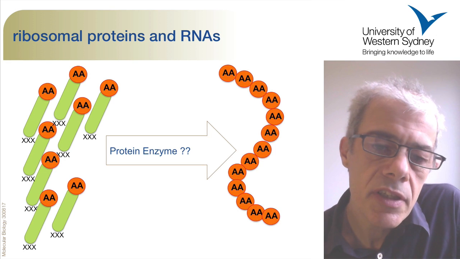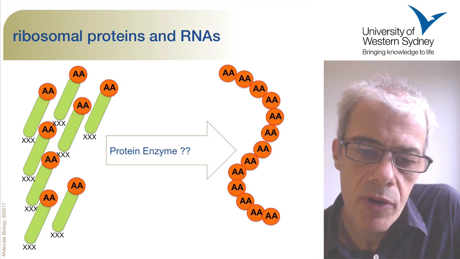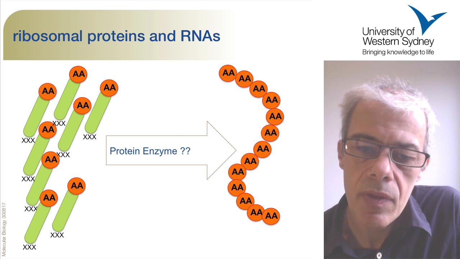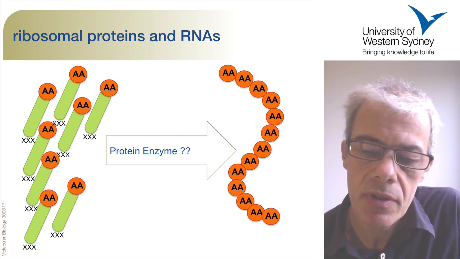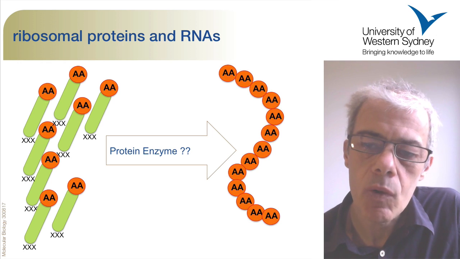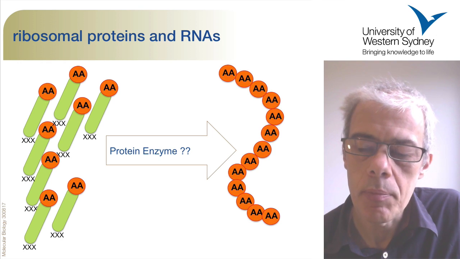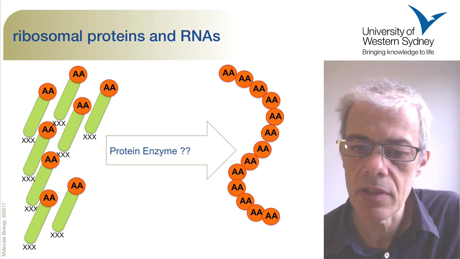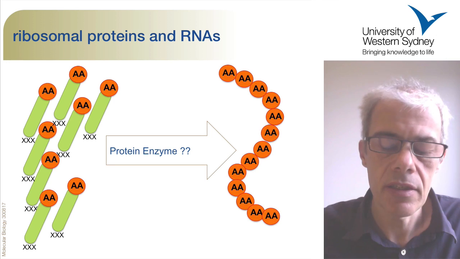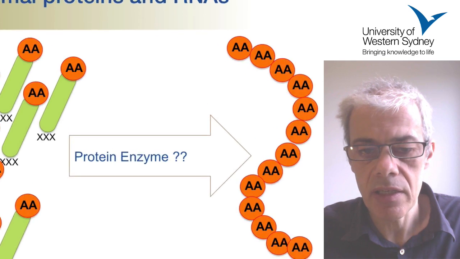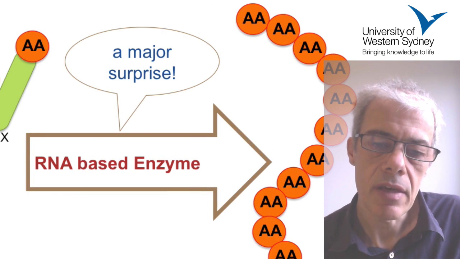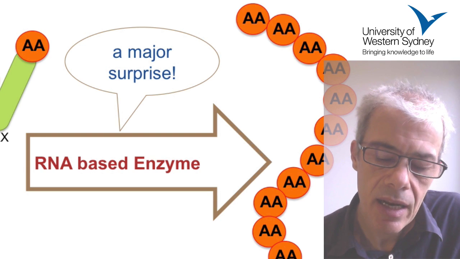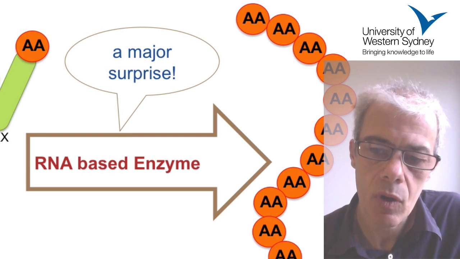So when people first started to look at the process of protein synthesis, it was probably assumed that protein enzymes would be involved in catalyzing peptide bond formation. It turns out that they were wrong. Effectively, the fundamental process of protein synthesis is catalyzed by RNA, not protein.